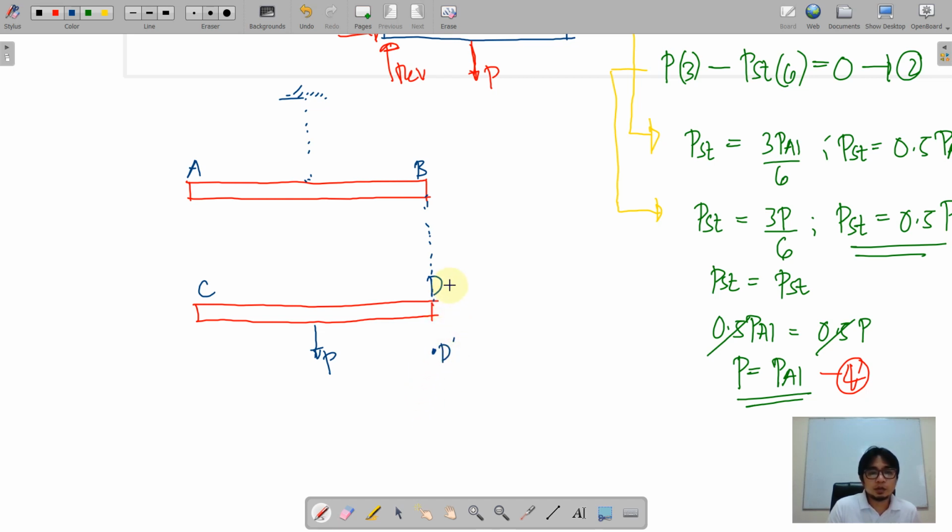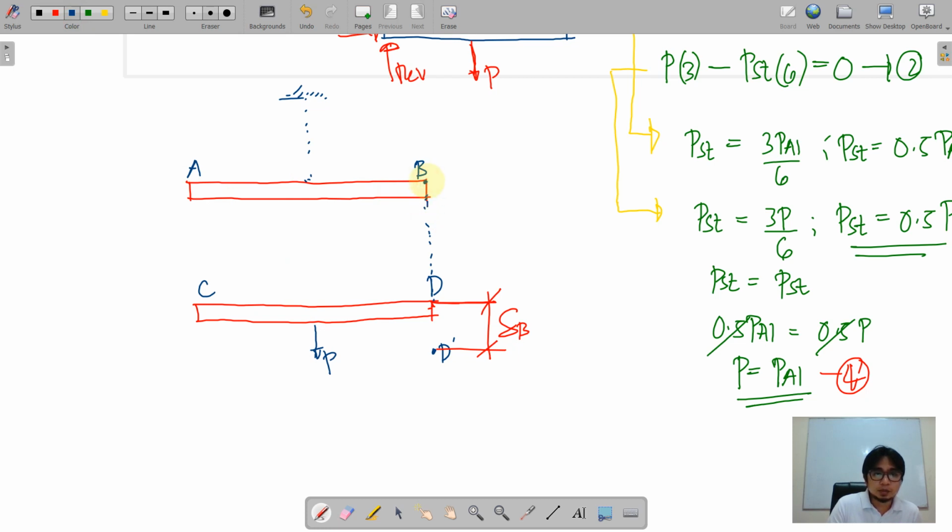So if I'm going to label this as delta, say this is delta B. So I label that as delta B because whatever the deformation here, D to D prime, is also equal to what?